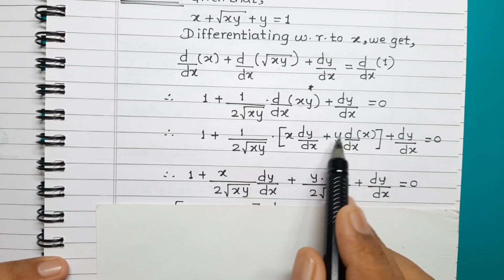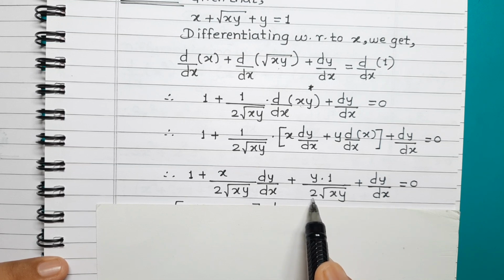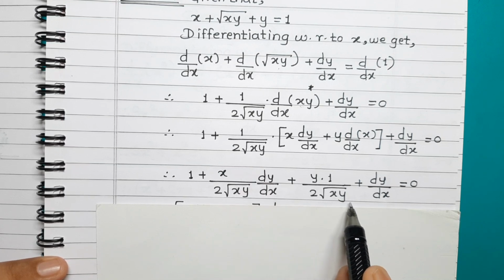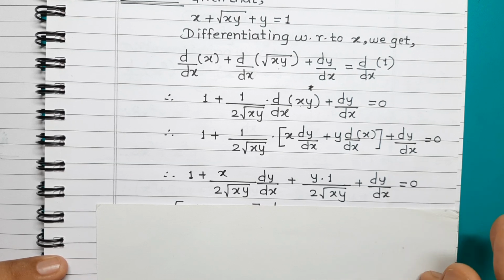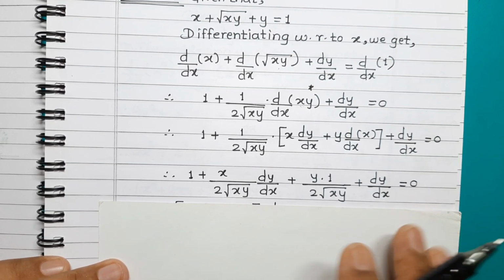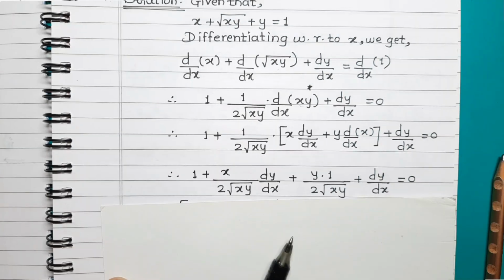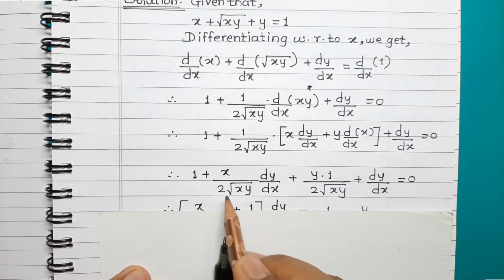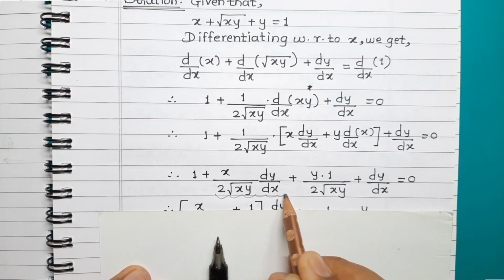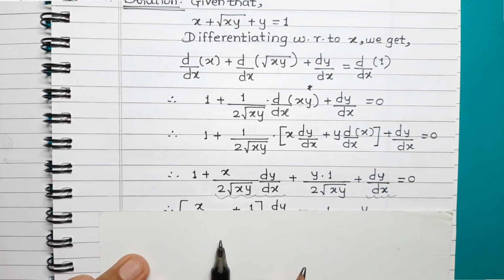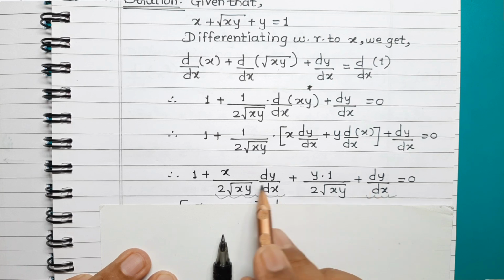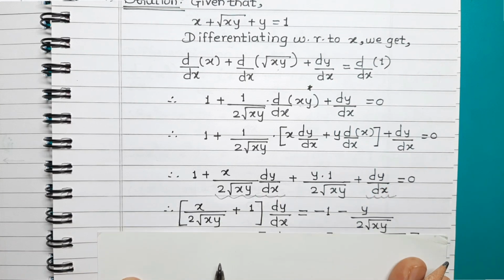Okay, so this product is y into 1 upon 2 root of xy plus this term as it is dy by dx is equal to 0. Now here you observe that here this is term in dy by dx and this is term containing dy by dx. So to the next step we are going to collect these two terms like this.